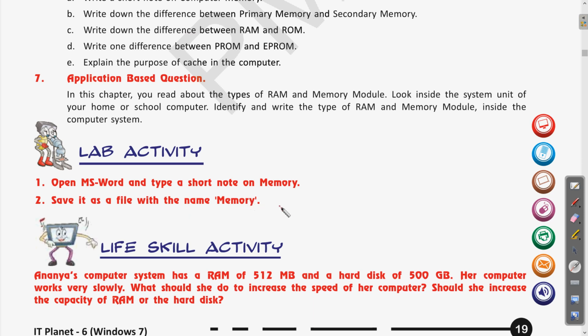If you have a PC at home, you can open MS Word very easily, and there you can write a paragraph or two about memory, what is memory, what are the different types of memory. If you want to insert a picture in the document, you can copy and paste any picture of the memory as well.